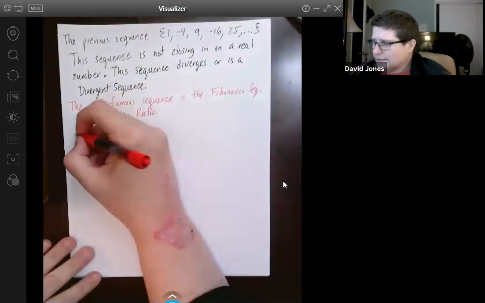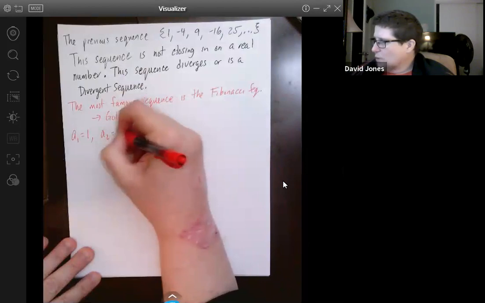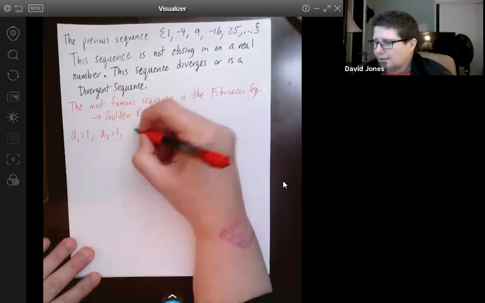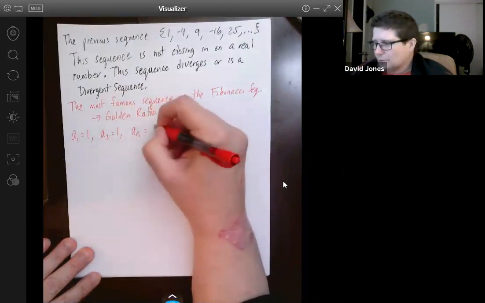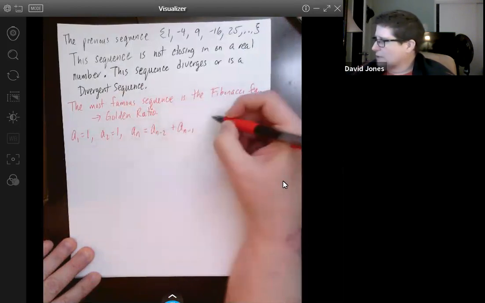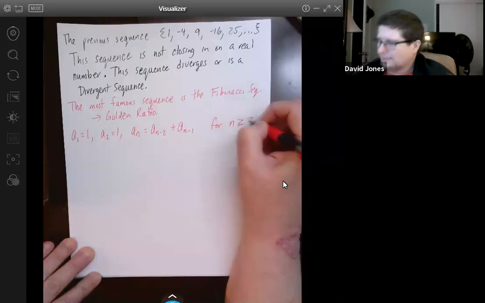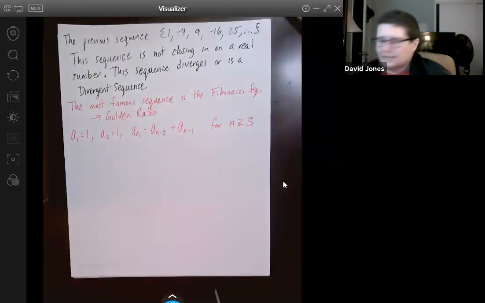In this sequence, the first term is 1. The second term is 1. And a sub n equals a sub n minus 2 plus a sub n minus 1 for n greater than or equal to 3. This is an example of a recursive formula. A sub n depends on 2 previous terms.